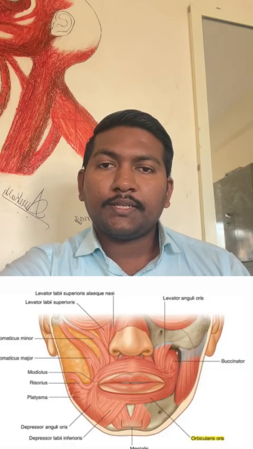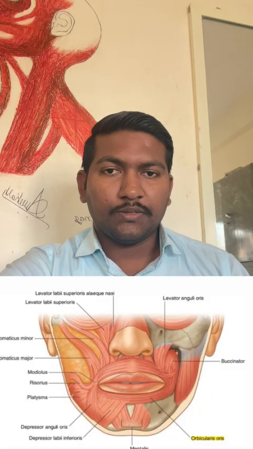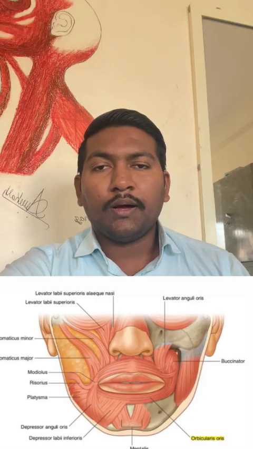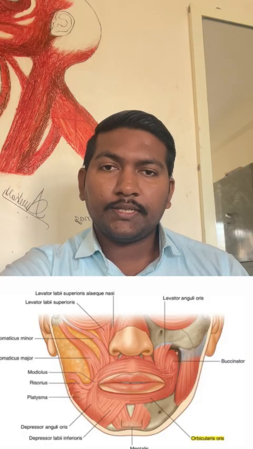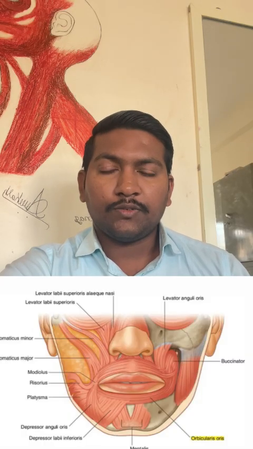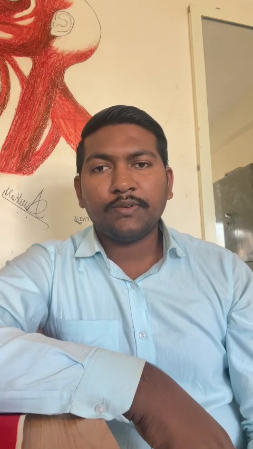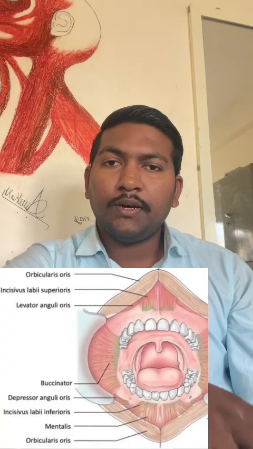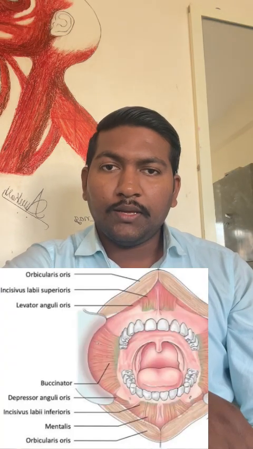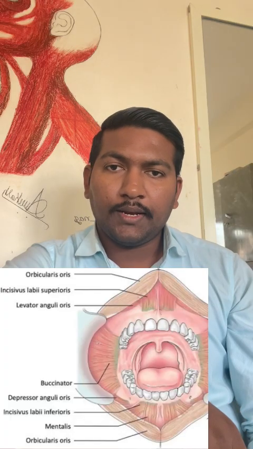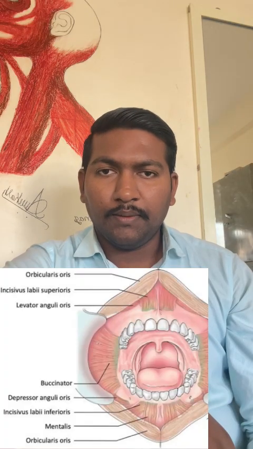Apart from this, superiorly the quadratus labii superioris joins the orbicularis oris muscle, and at the lower part the depressor labii inferioris and mentalis attach to the lower part of the orbicularis oris muscle. The incisivus labii superioris muscle has two bands, medial and lateral. The medial band connects to the septum of the nose, and the lateral band connects the maxilla to the upper lip.